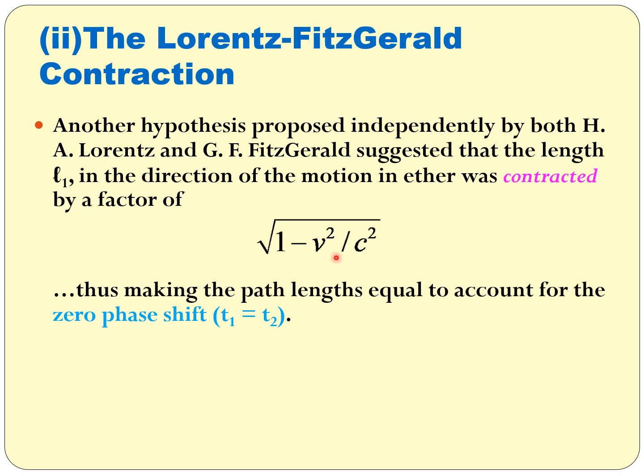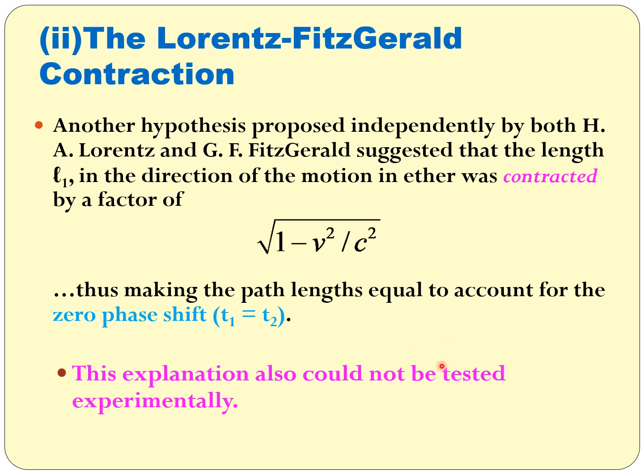This contraction will make the path length equal to the length of the other path, and in that case t1 becomes equal to t2, and there should be no fringe shift or any time difference. But this explanation also had no experimental proof, so it was also discarded.